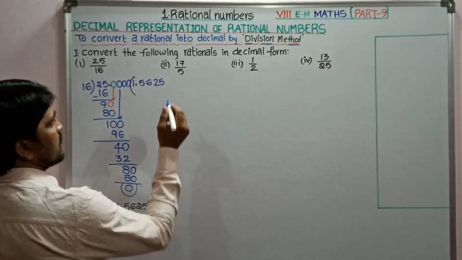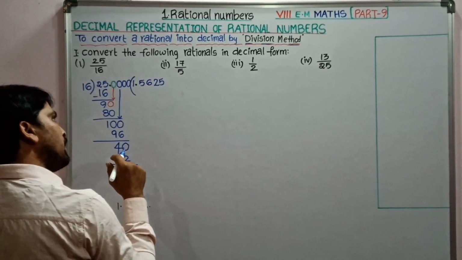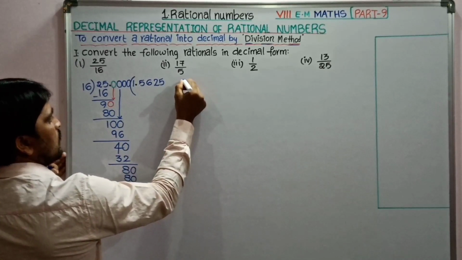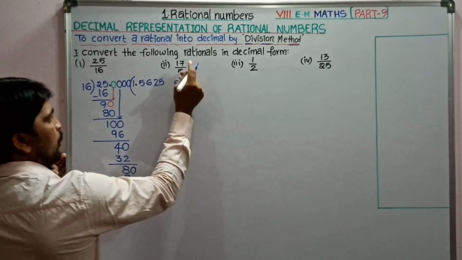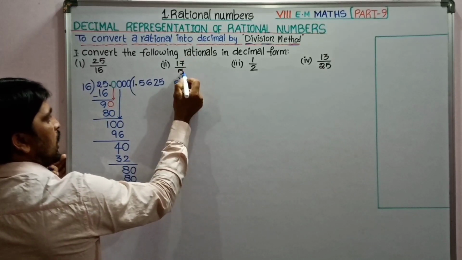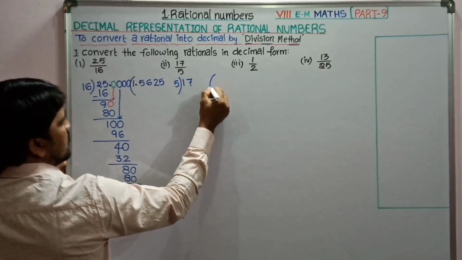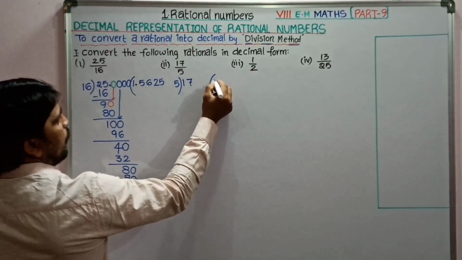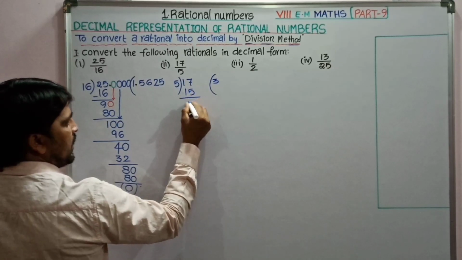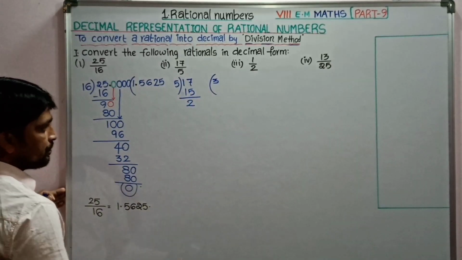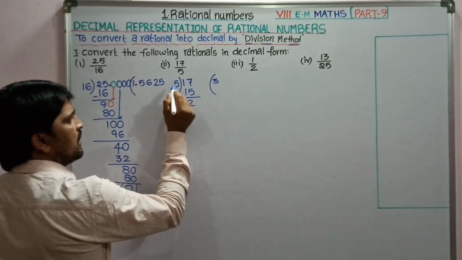Next, let us check the second one also: 17 divided by 5. The numerator is the dividend and the denominator is the divisor. 5 3s are 15. The remainder is 2. Now our new dividend is less than the divisor.